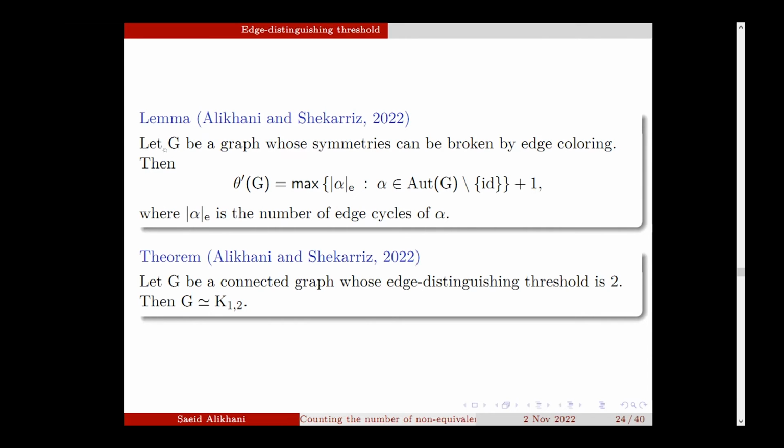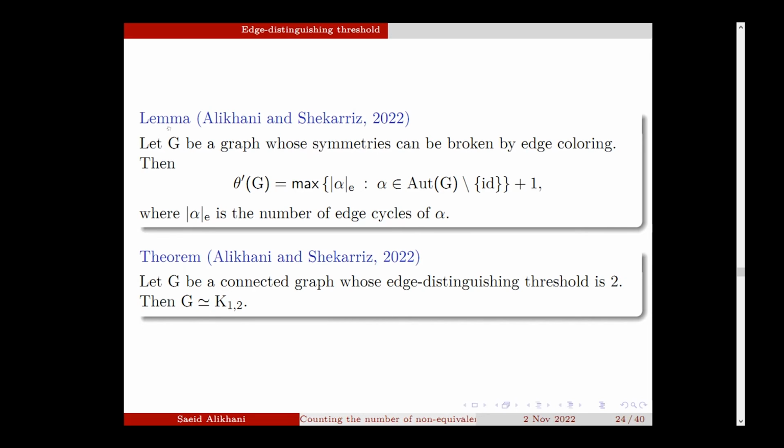And this lemma says that if G is a graph whose symmetries can be broken by edge coloring, then theta prime of G is the maximum of the modulus of alpha sub E, where alpha is a non-identity automorphism, plus 1, and this notation, modulus of alpha sub E, is the number of edge cycles of alpha.